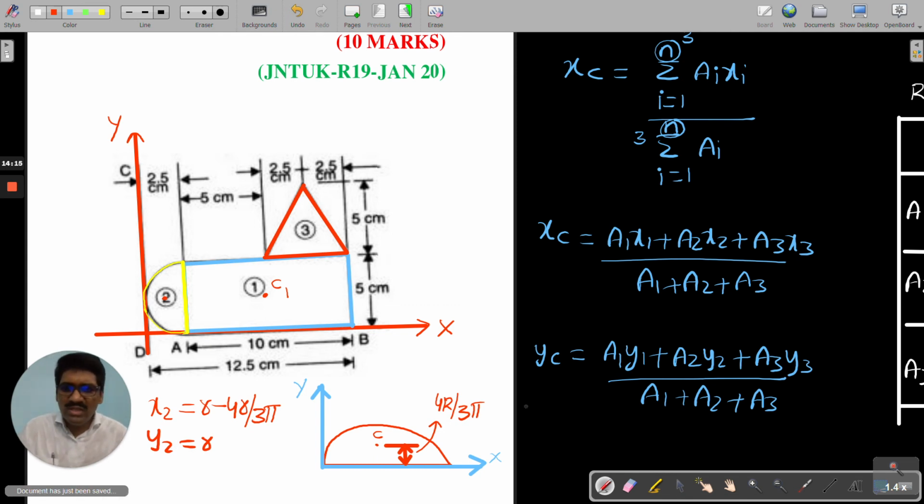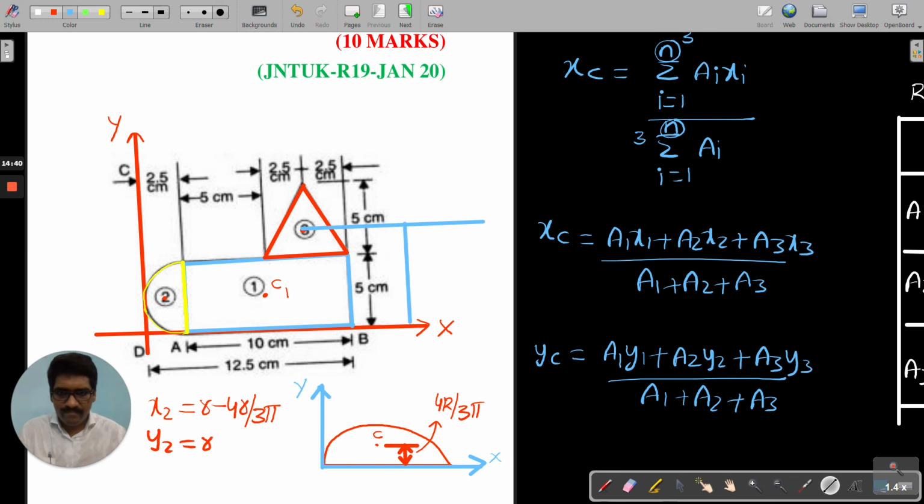Now what about the position of the centroid C3? Here I am marking. These are the y-axis and x-axis. This is the position of the centroid. Finally we need this distance, which is y3.